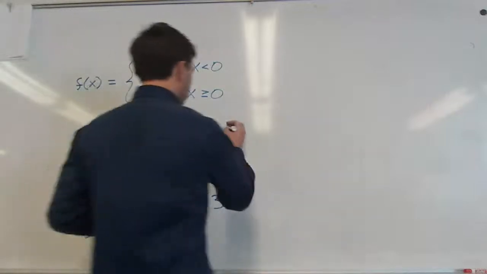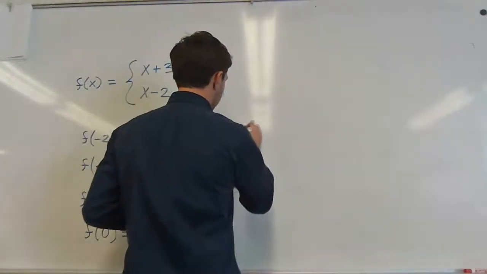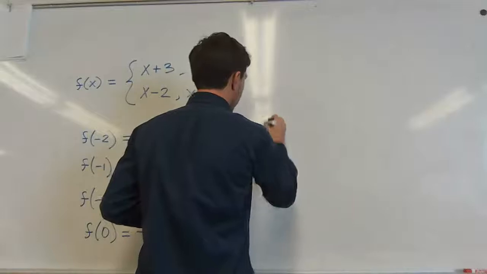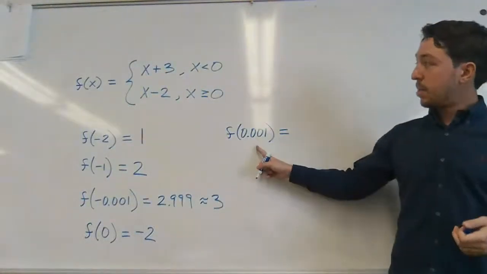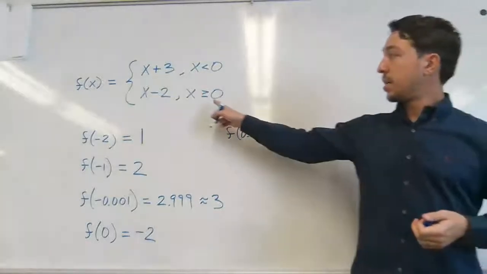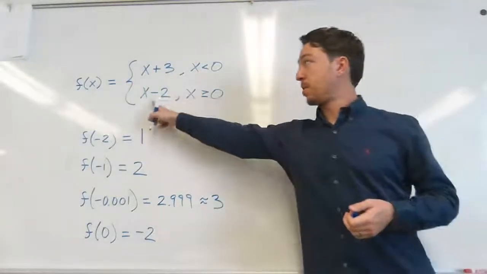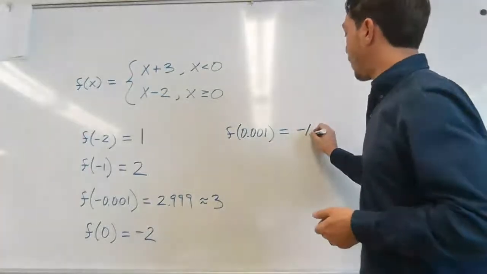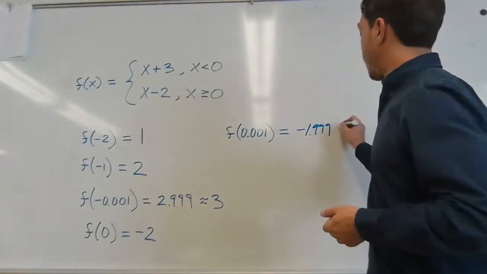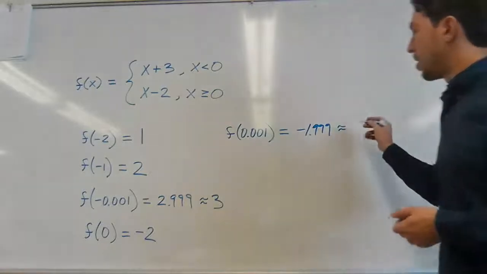All right. Then you're asked about f of 0.001. That number is greater than 0, so it gets plugged in here. Negative 1.999, which again is awfully close to what?